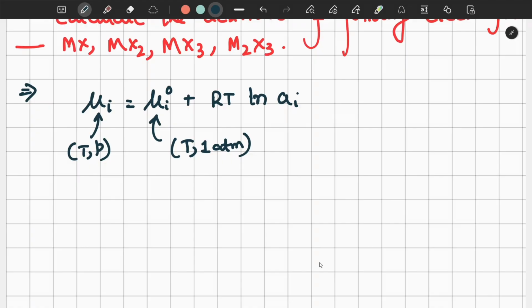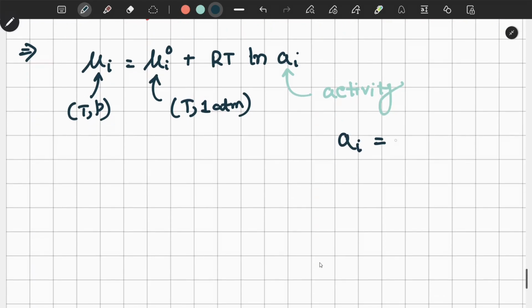But this a is the activity. So how can you write the a? This AI is written as this. m is the concentration.